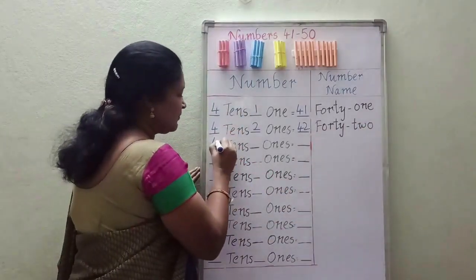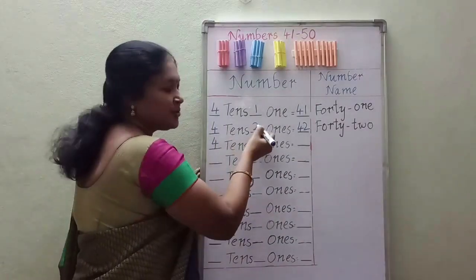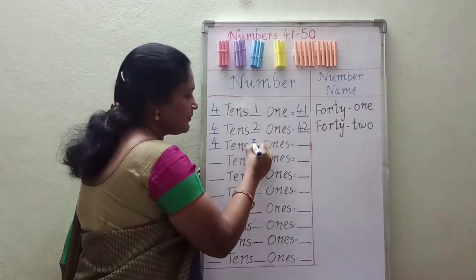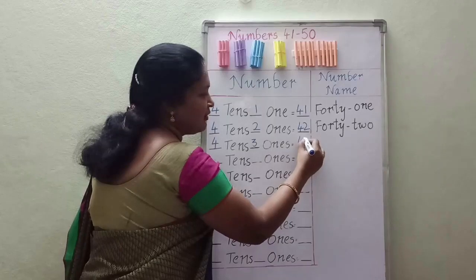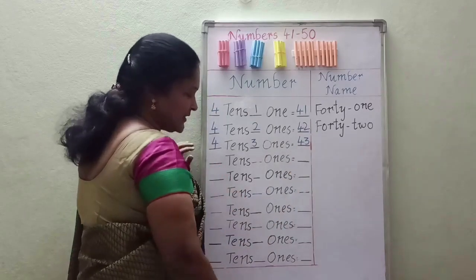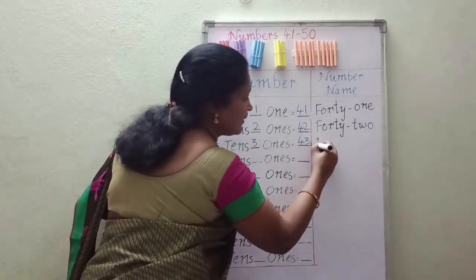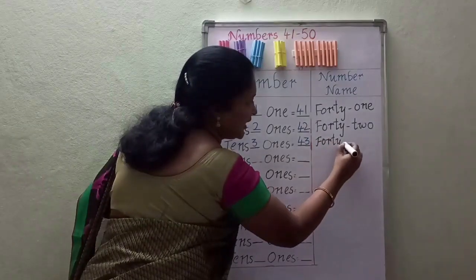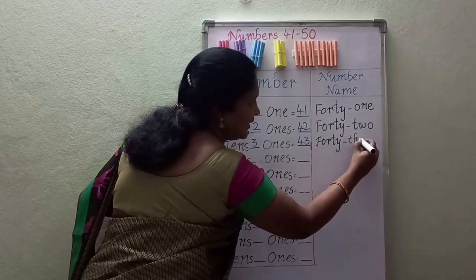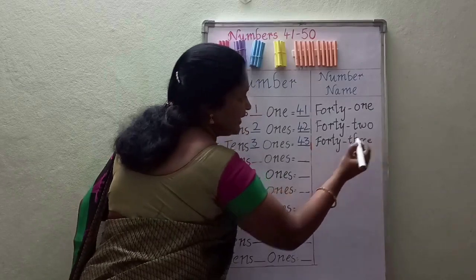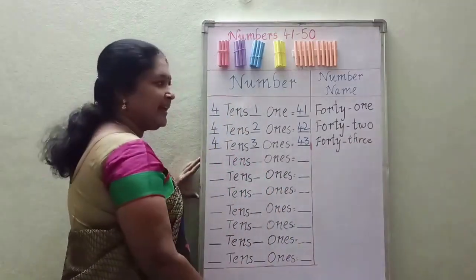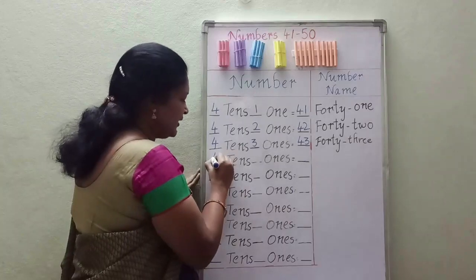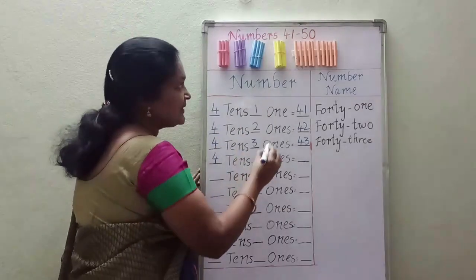Next one, 4 tens, 3 ones, 43. What is the spelling of 43? Read along with me. FORTY, 40, THREE, 3. 43.